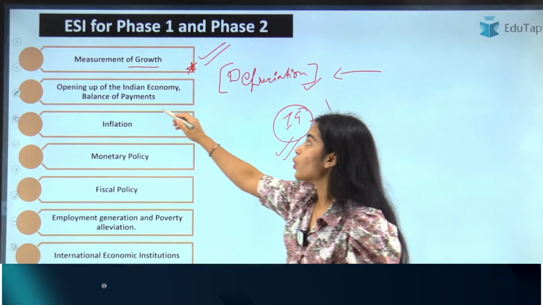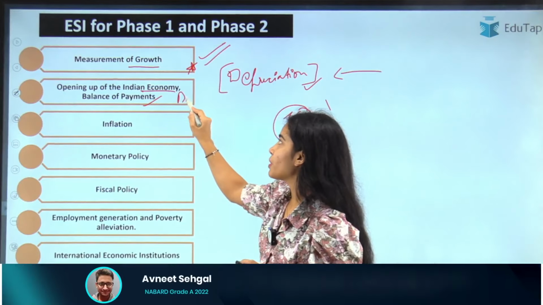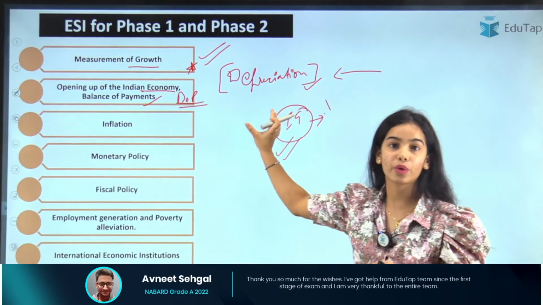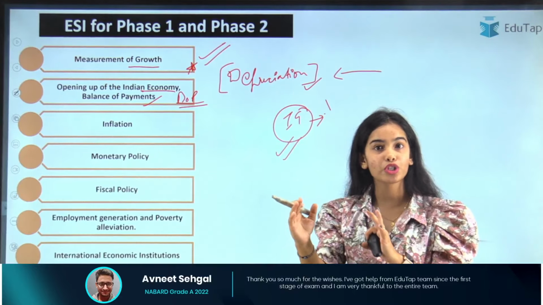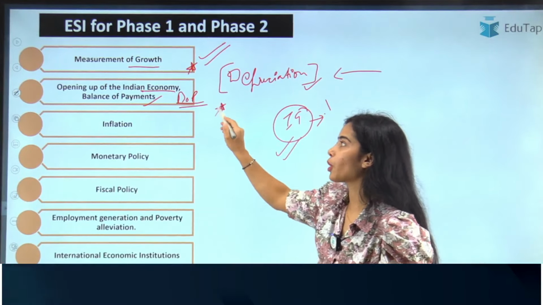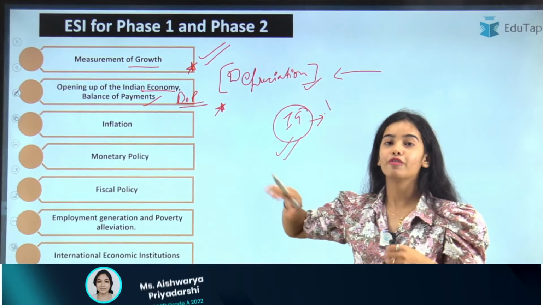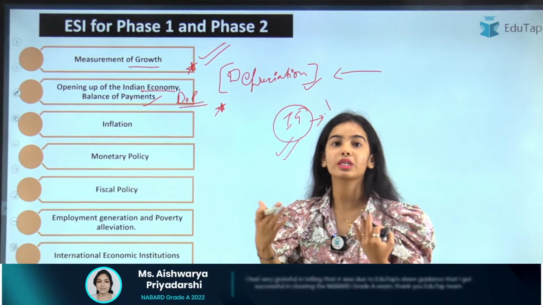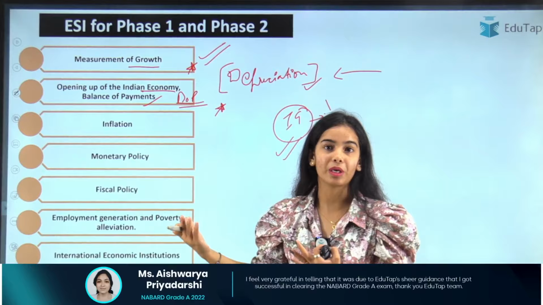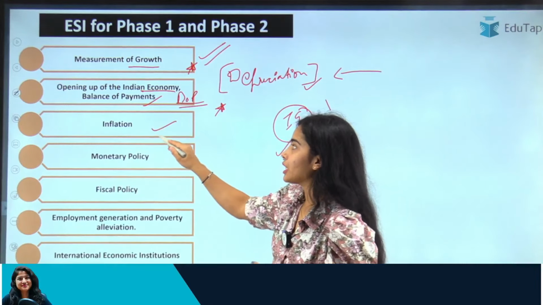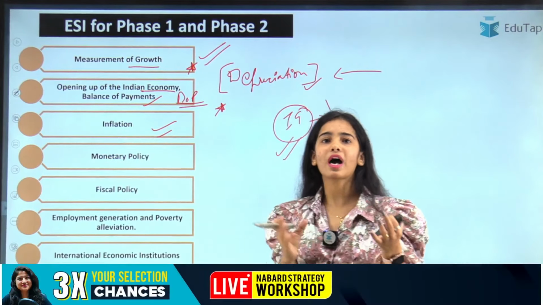Now coming to the opening up of Indian economy, the balance of payment, I am going to show you the previous year questions. There was a direct objective question as well as a descriptive question from this opening up of Indian economy. We all know that there was a question in phase 2 regarding globalization, the effect of globalization. Okay, then inflation. Again, you need to have the basic understanding.